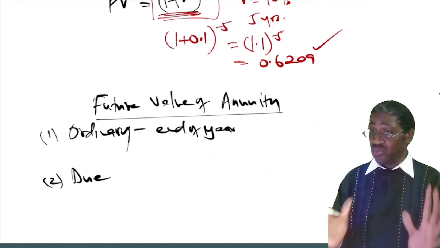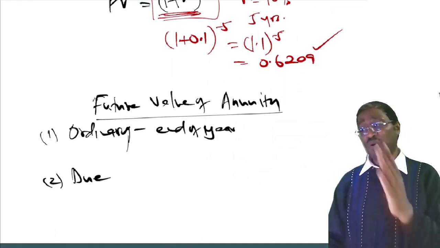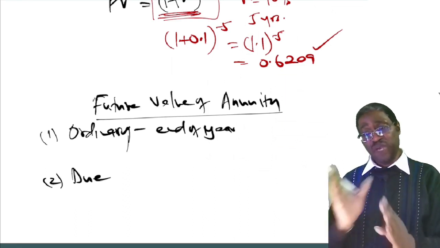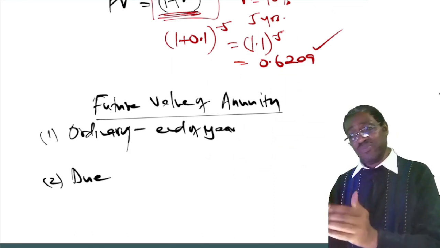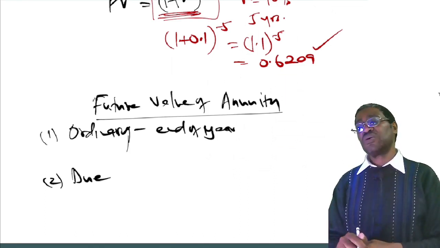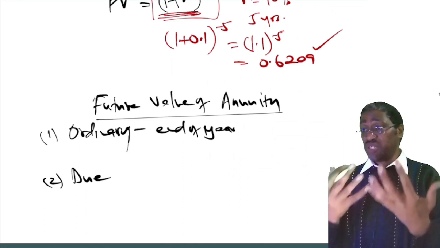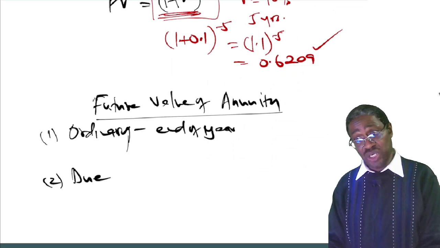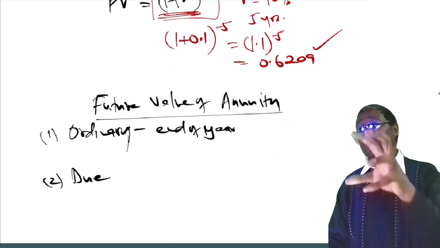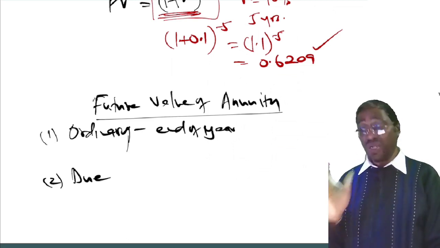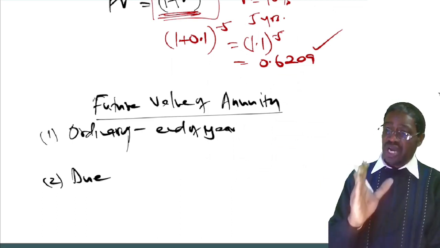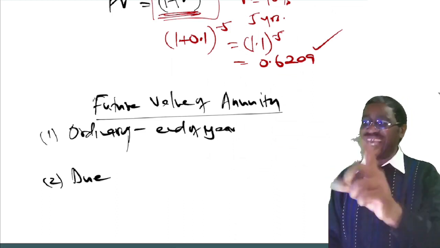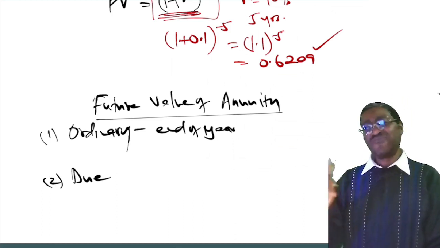Or you will be receiving, whichever the case. Or you will be depositing 1 million, 1 million, 1 million at the end of each year. So you want to know what is the future value. For the next 5 years, I'll be depositing 1 million at the end of each year. What is the future value?